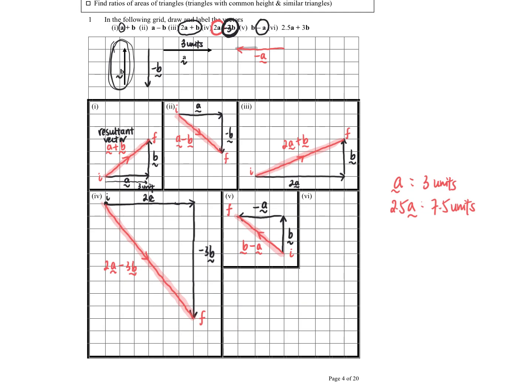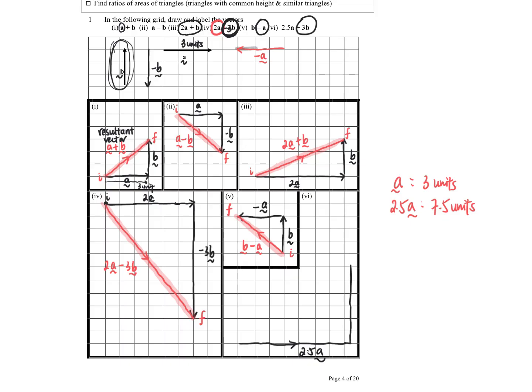Okay, anyway, A represents 3 units to the right. So 2.5 of A means 7.5 units to the right. So I'm going to move 7.5 units. Okay, so 2, 4, 6, 7.5. So this is 2.5A. And then I want to move 9 units upwards. So 3, 3, 3.